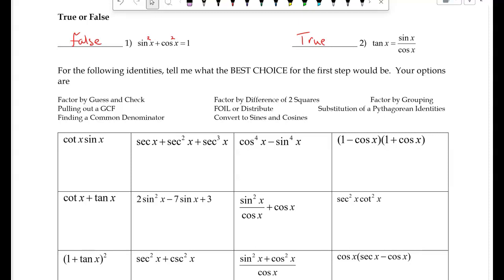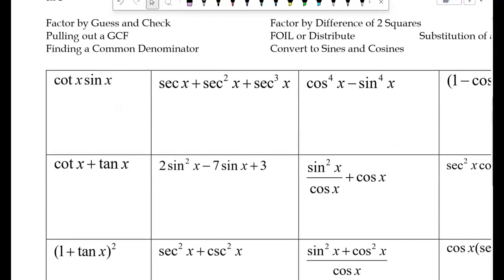What would we do? All right, the first one, we have a cotangent x and we have a sine x. What would you do if this was the side you were working on? Yeah, you would change the cotangent, right? You change everything to what? Sine or cosine.